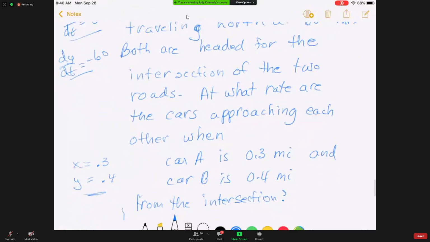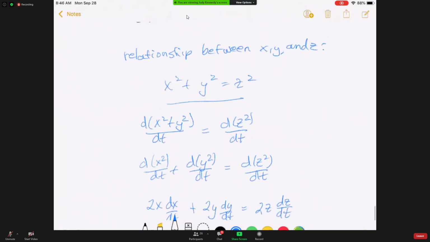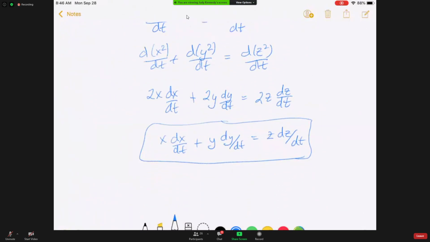Okay, so dx/dt is minus 50, and dy/dt was minus 60. And x was 0.3, and y was 0.4.